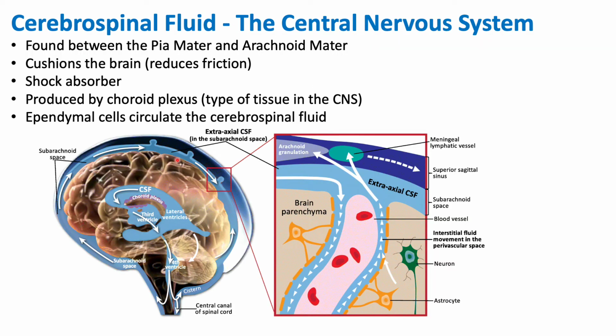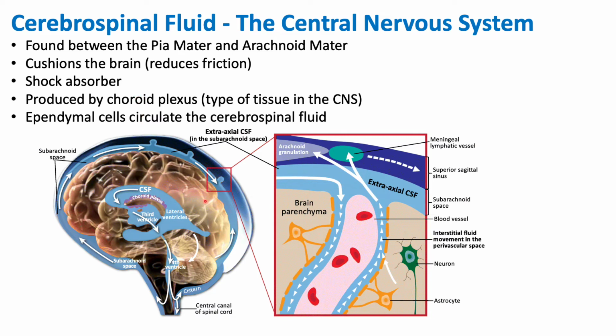Now lastly, between the pia mater and the arachnoid mater, we have this space, and this space is filled up with cerebrospinal fluid. The reason we have this cerebrospinal fluid is that we want to cushion our brain, reduce friction, and have some sort of a shock absorber.